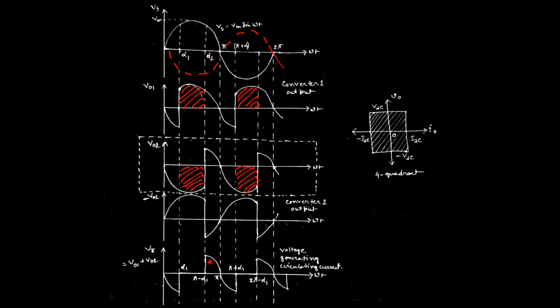Similarly, this peak can be erased as they are the same for both converters. Again, both peaks are cancelled by each other as the areas of the peaks are the same but opposite in nature. So in this way, we can form this one, right?